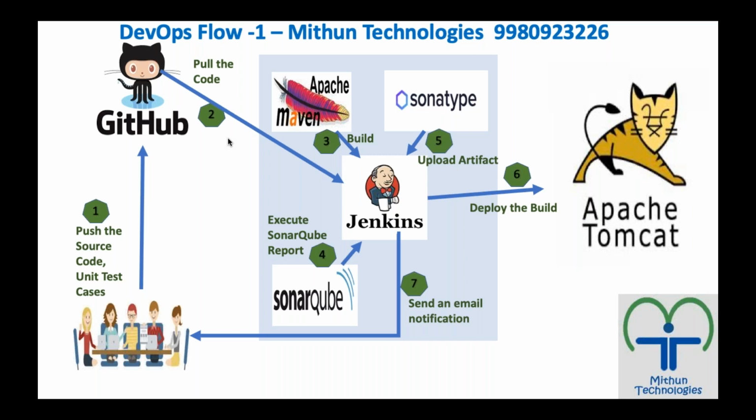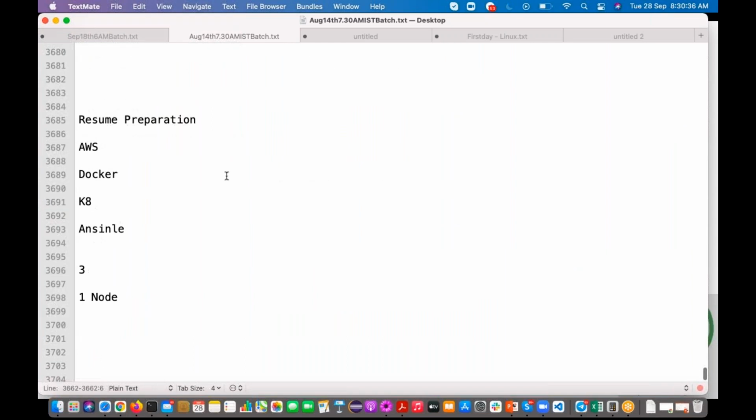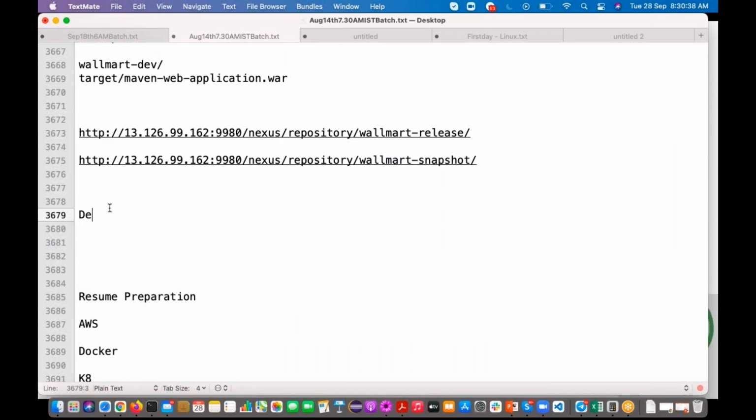In one of the interviews, they asked this question 2 years back: what is the plugin which we are going to install to deploy the application into the Tomcat server? Deploy to container. This is the plugin name.